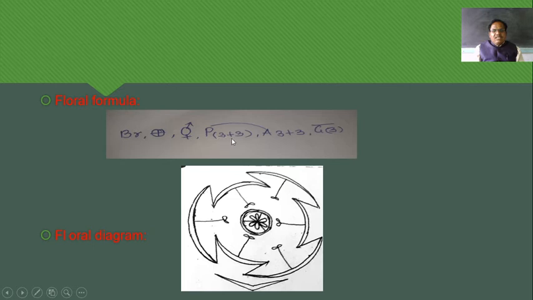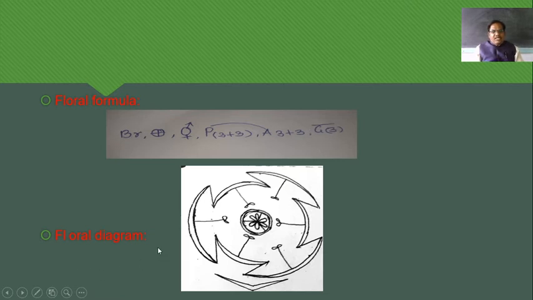Perianth, 3 plus 3, they are 6 in number, they are found in 2 whorls. They are gamophyllous. Androecium, they are 6 in number, 3 plus 3, epitepalous. Gynoecium, tricarpellary, syncarpous, inferior ovary.